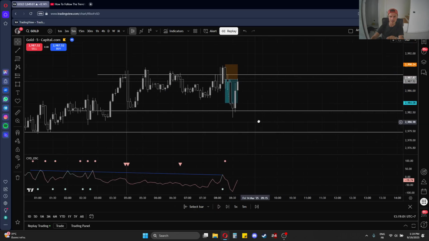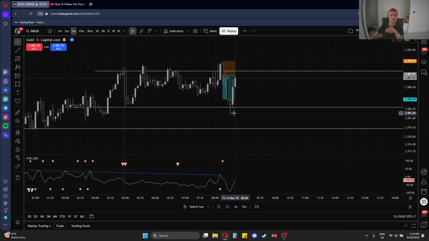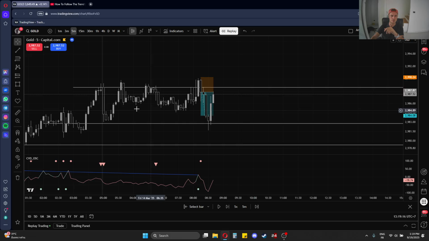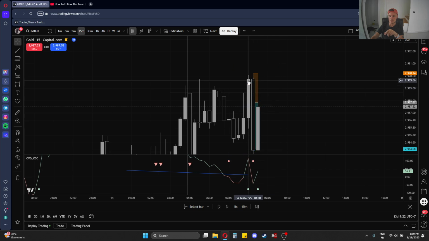Now we're getting a reaction from that 1 hour level, but we're not going to trade just the support 1 hour. We want to see a fake out below that 1 hour level. So we want to see a 5-minute or a 15-minute close below, and then some strong bullish momentum. By the way, let me check the 15-minute on our trade here. Yep. You see, we had a 5-minute close, but also, this is the 15-minute now, we had a 15-minute close.